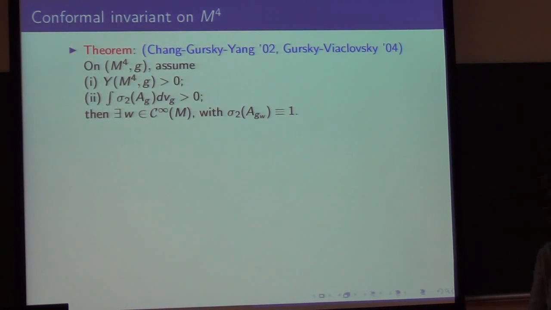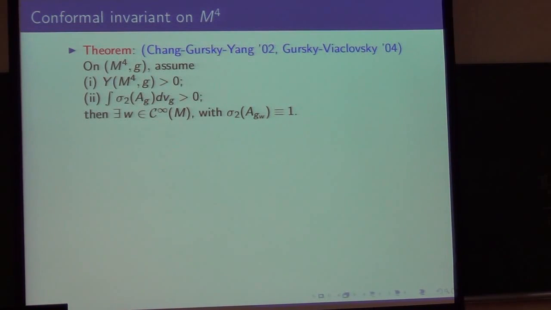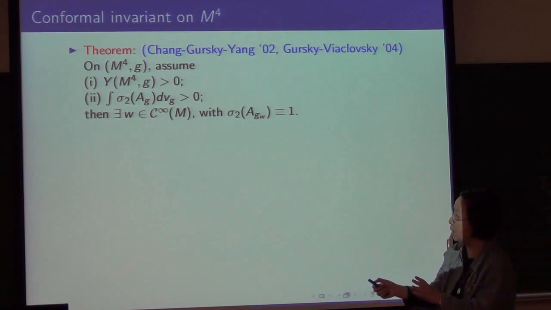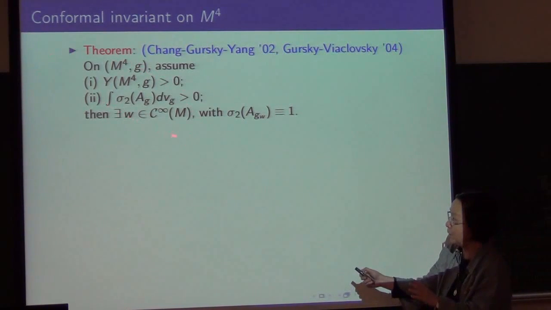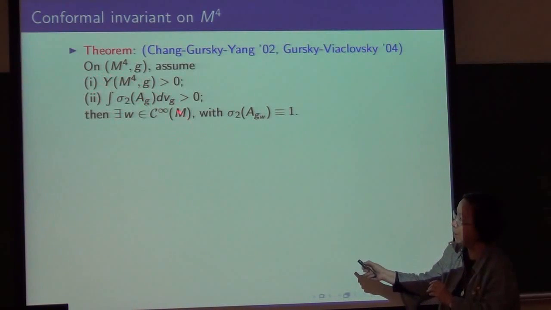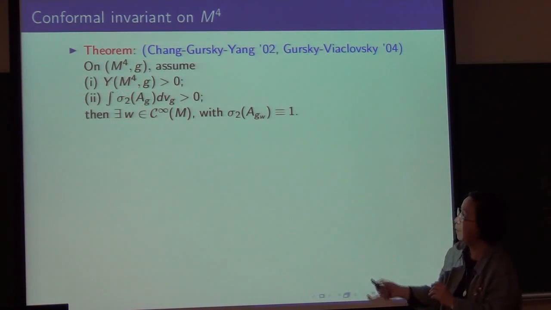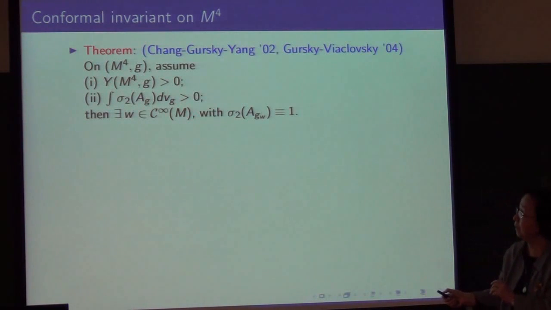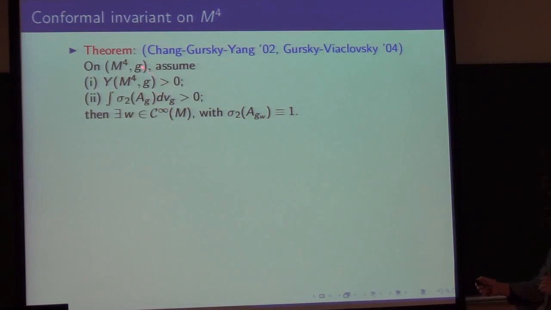And then what we want to say is, on a four manifold, if you have some sign constraint on the second order conformal invariant, plus some integration of the fourth order invariant, we think about this as a fourth order (Laplace w) squared, then the result says you can deform g to g_w and make this sigma 2, this Gauss-Bonnet integral part of that, positive.